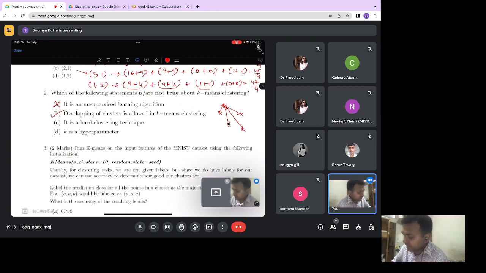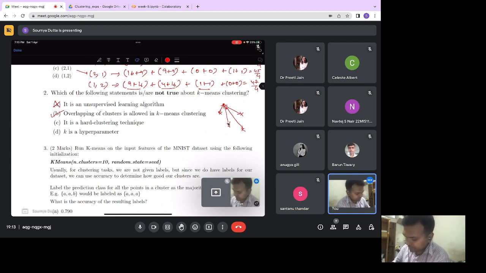In the case when we have 2 equidistant centers from a particular point, we might assign that point to any one of the clusters as we wish. But every point should belong to only one cluster, and therefore we can have no overlap in the clusters in k-means clustering.